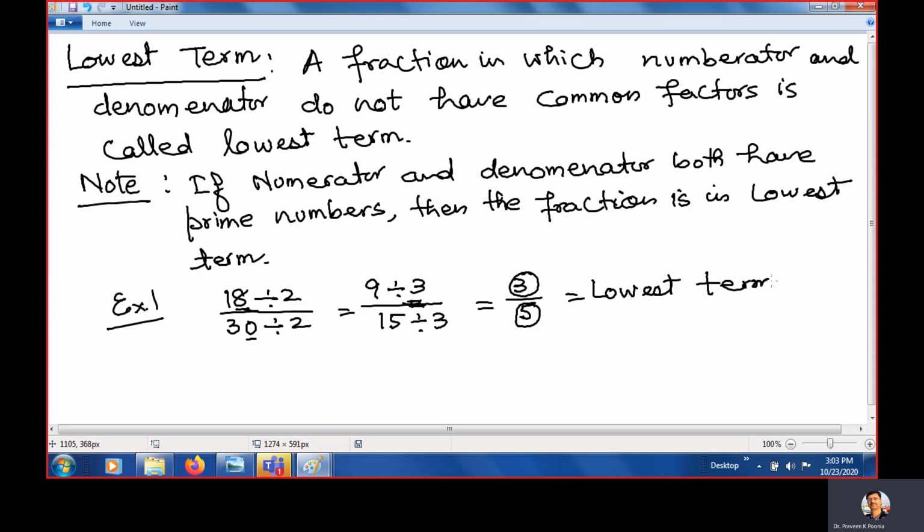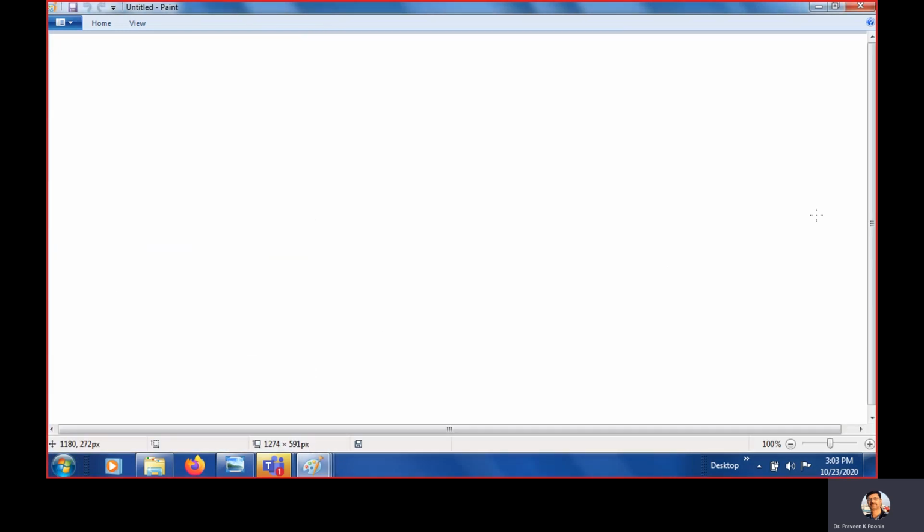The lowest term of 18 upon 30 is 3 upon 5. This is the answer. So the lowest term is very easy. You only need to understand the divisibility concept a little bit. If you know the divisibility concept, then it is very easy.